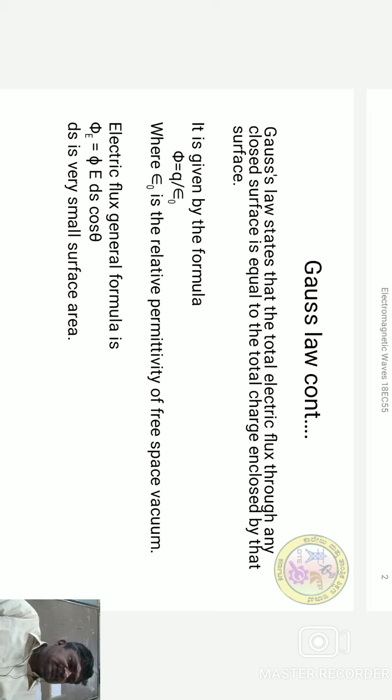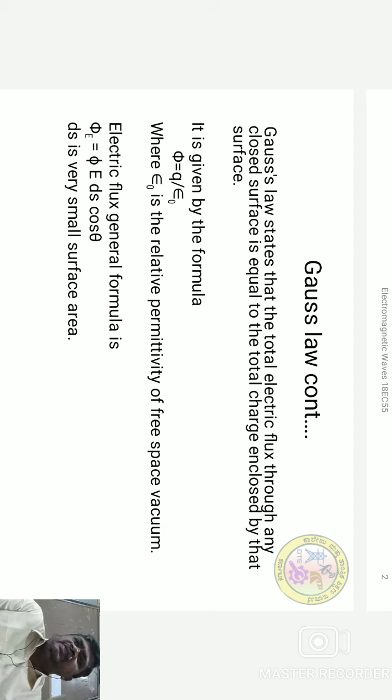What is this ds? ds is the small area considered inside the closed surface. Theta is the angle between the area vector and the electric field. E is the electric field.